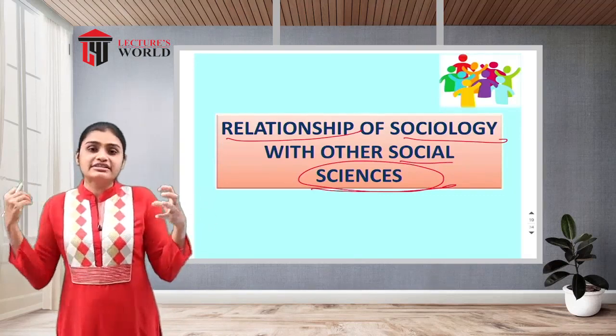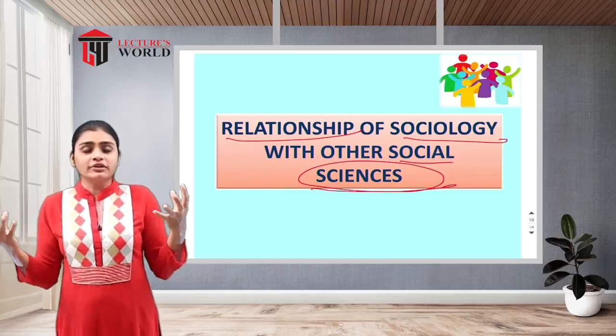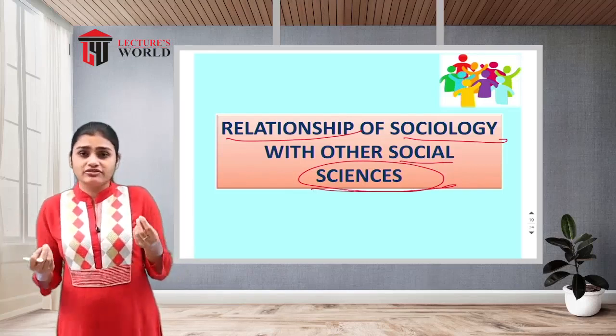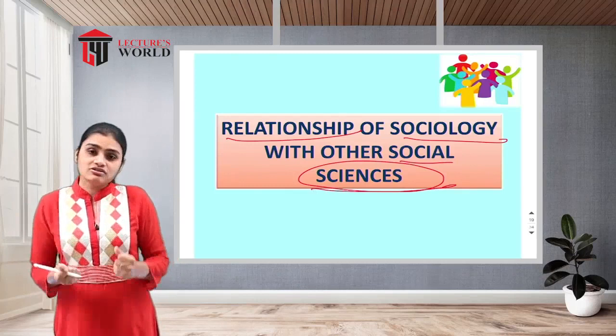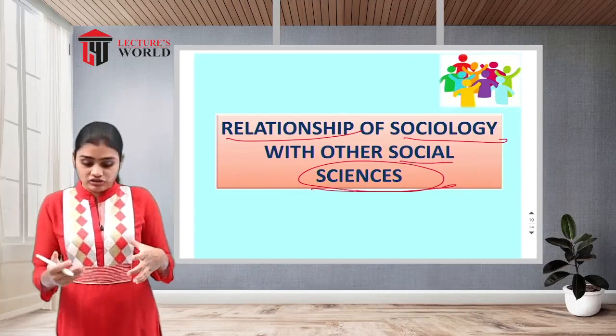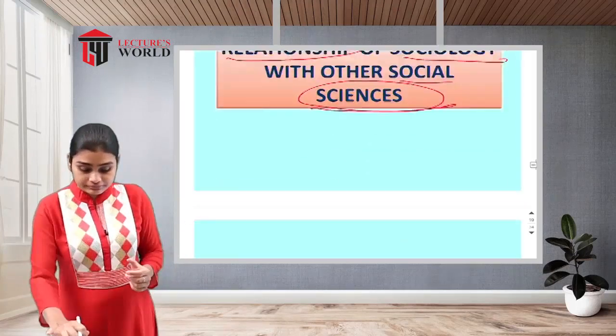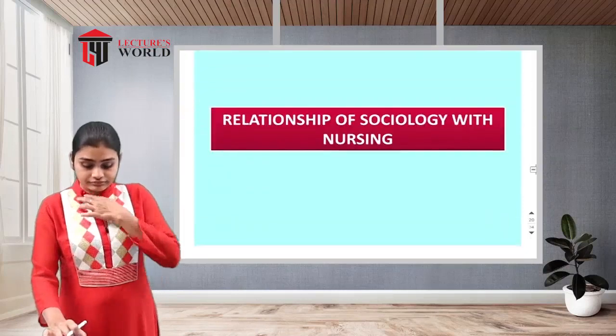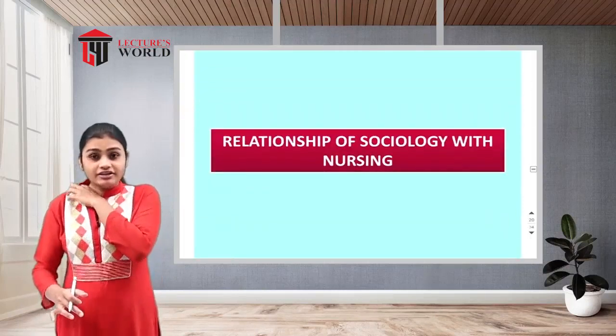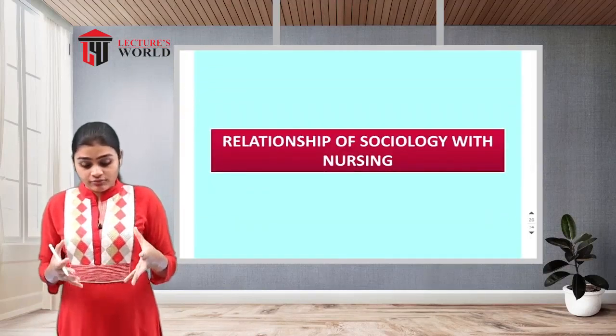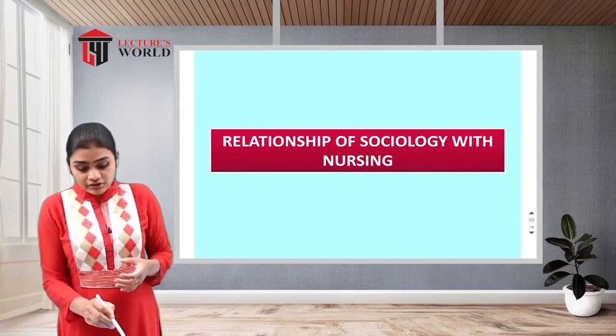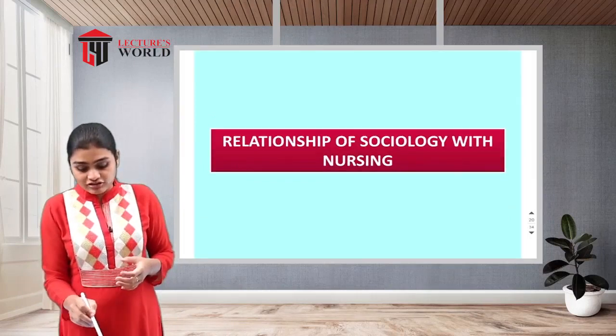In which other social sciences is the study of sociology important? That is the relationship of sociology with other social sciences. Let's see one field: what is the relation of sociology with nursing? That is the relationship of sociology with nursing.